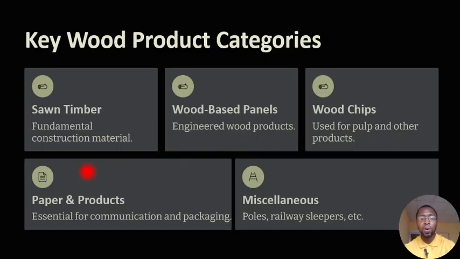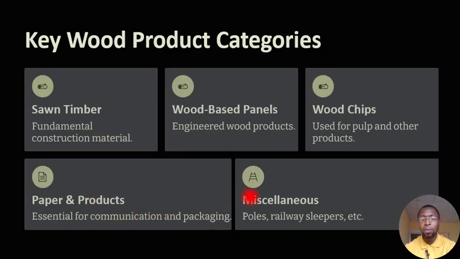Another category of wood product is the production of paper and some other essential materials for communication. Okay, paper, jotters, any form of materials for communicating. We also use it for packaging, like cartons.